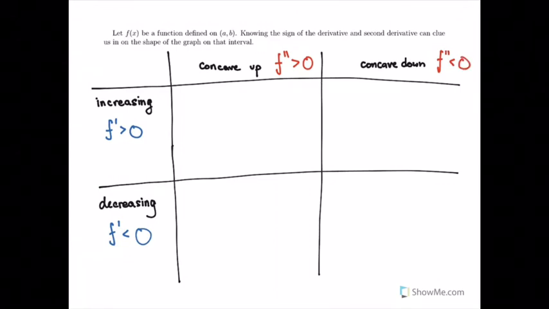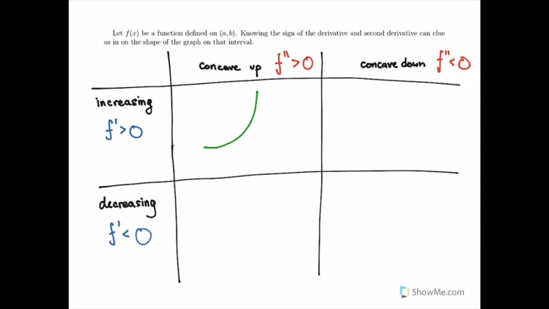And given any point or interval that I know the sign of the first and second derivative, I know the general shape of the graph. So if my function is increasing and concave up, I need to go up from left to right in a smiley face fashion. That is going to look like this.